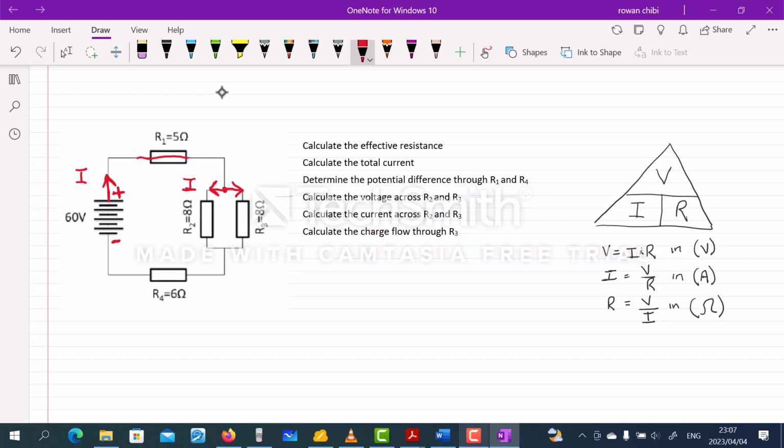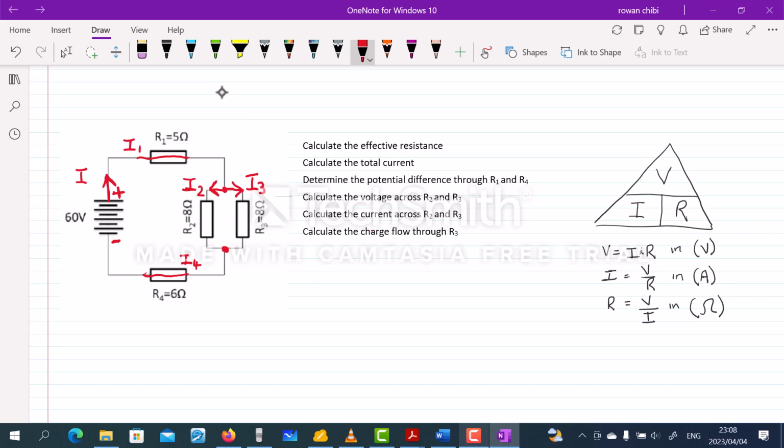So this R2 will receive current I2. And then on the right you have R3, so I'll call this current going to the right I3. And then it will come to this point, and then it will go straight to R4. Then the current will go that way. I call this one I4. This one we call I1, because it is going through R1.